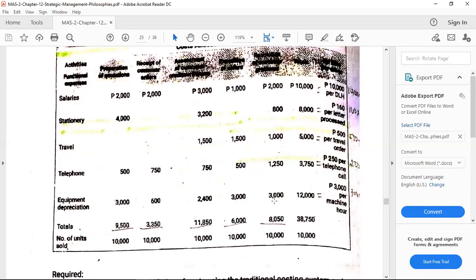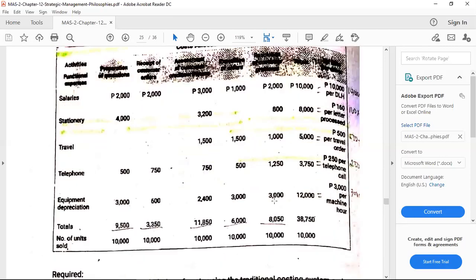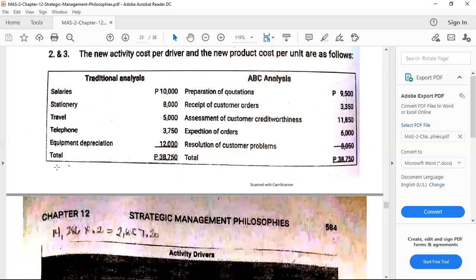So by then we will be able to see which activity would be the more performing, or the most effective ones. Because for every activity, there are components of salary, stationery, travel, telephone, and equipment depreciation. All salaries are grouped, stationery are grouped, and so on.